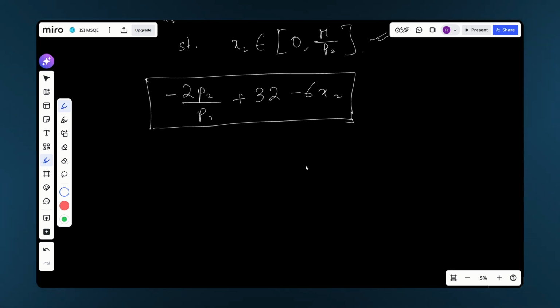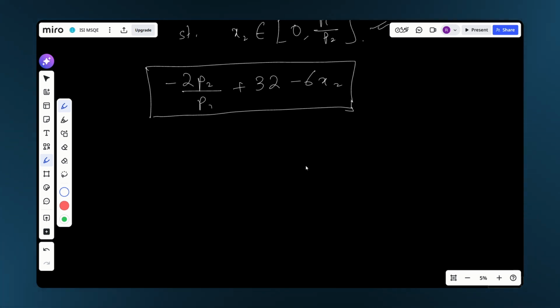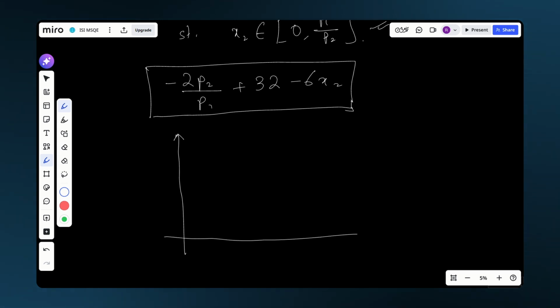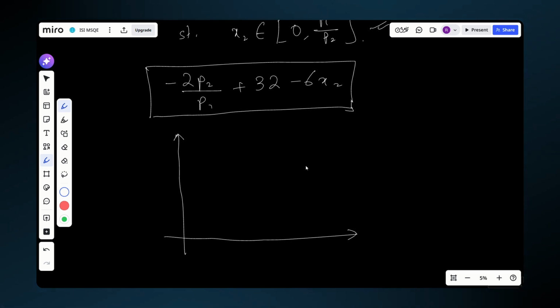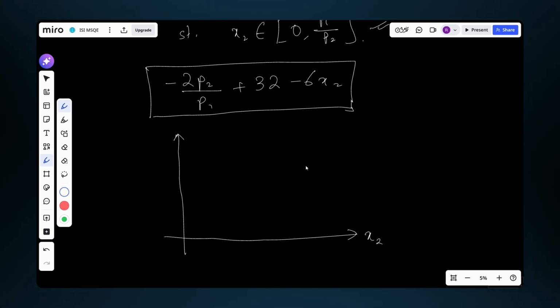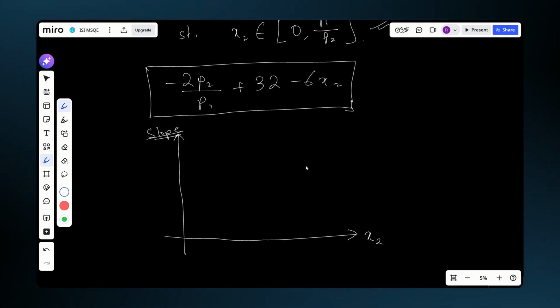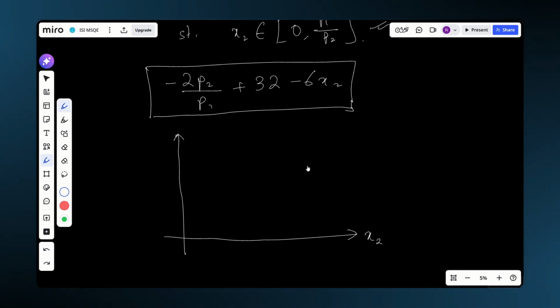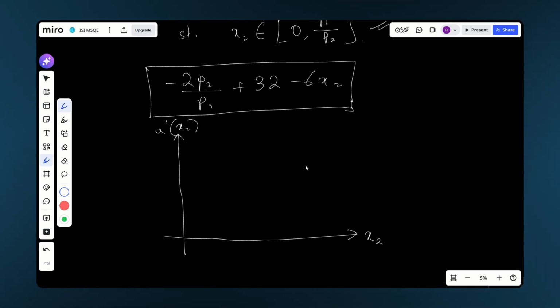Now I will plot this in a graph where on the x-axis I will write x2, and on the y-axis I will have the slope of the utility function, u dash, which is a function of x2.